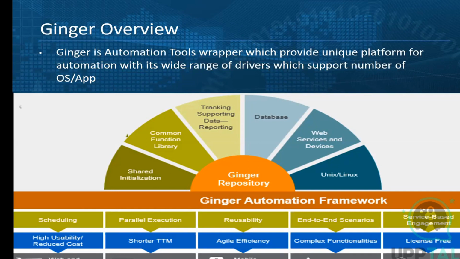The third feature is tracking, supporting, data reporting. That means you have a very fine way of reporting, of supporting the documents, the data, and the tracking part. Let's suppose you have automated 50 scenarios. You run 50 scenarios every day.